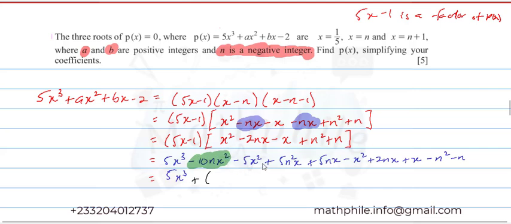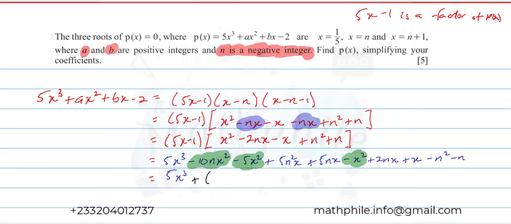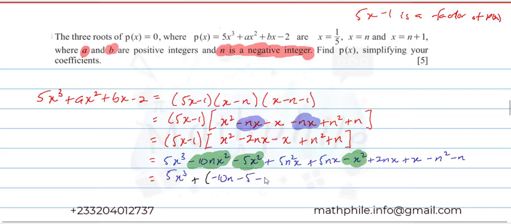Let's look for another one with x squared. This with x squared. This with x squared. So we're going to put all the coefficients in brackets. So that is going to give you negative 10n, then minus 5, minus 1, all with this x squared.